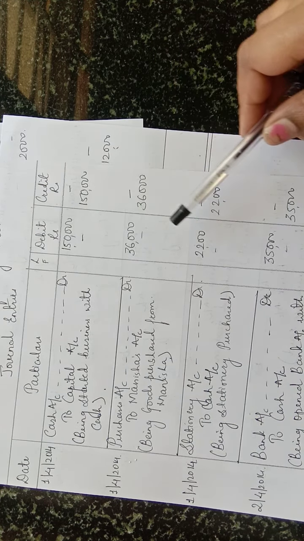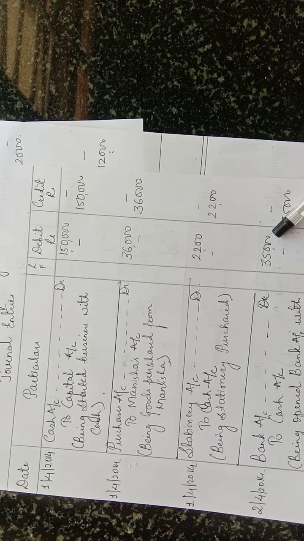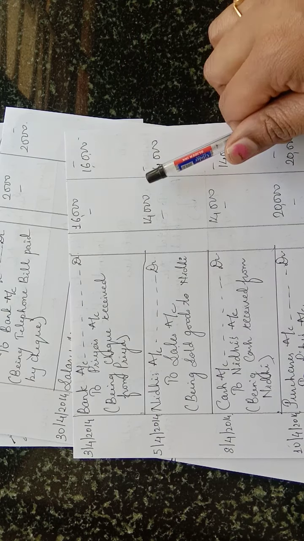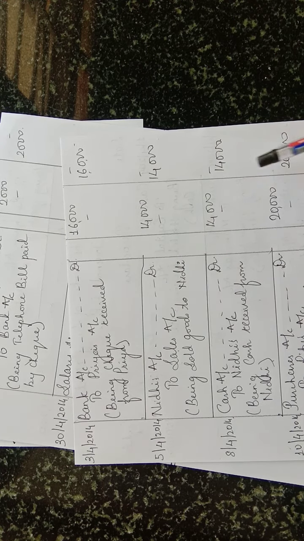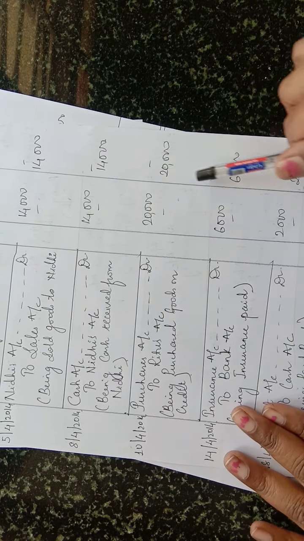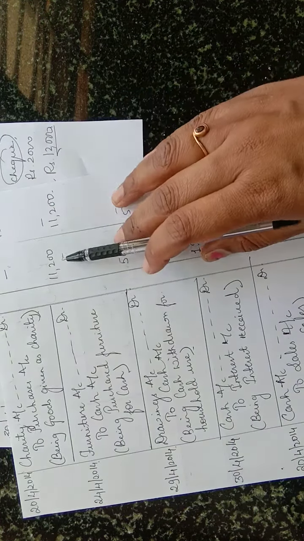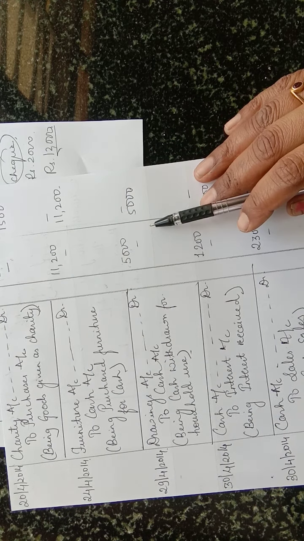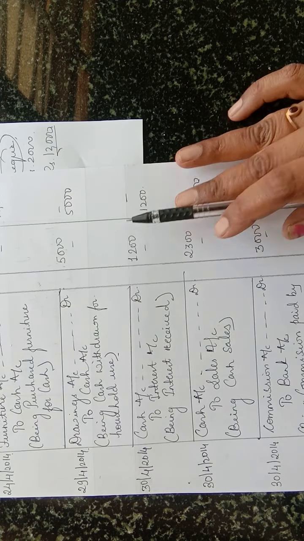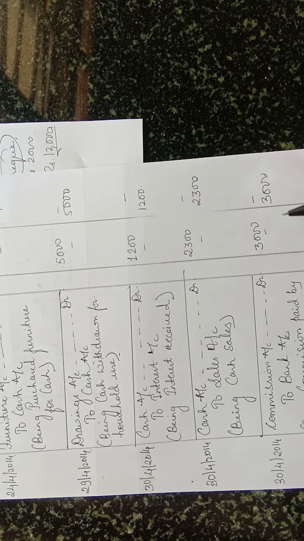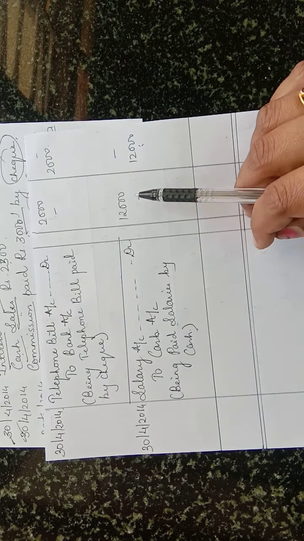1,50,000 plus 36,000 plus 2,200 plus 35,000 plus 16,000 plus 16,000 plus 14,000 plus 14,000, 20,000, 6,000, 2,000. Then here again 1,500 plus 11,200 plus 5,000 plus 1,200 plus 2,300 plus 3,000 plus 2,000 plus 12,000.